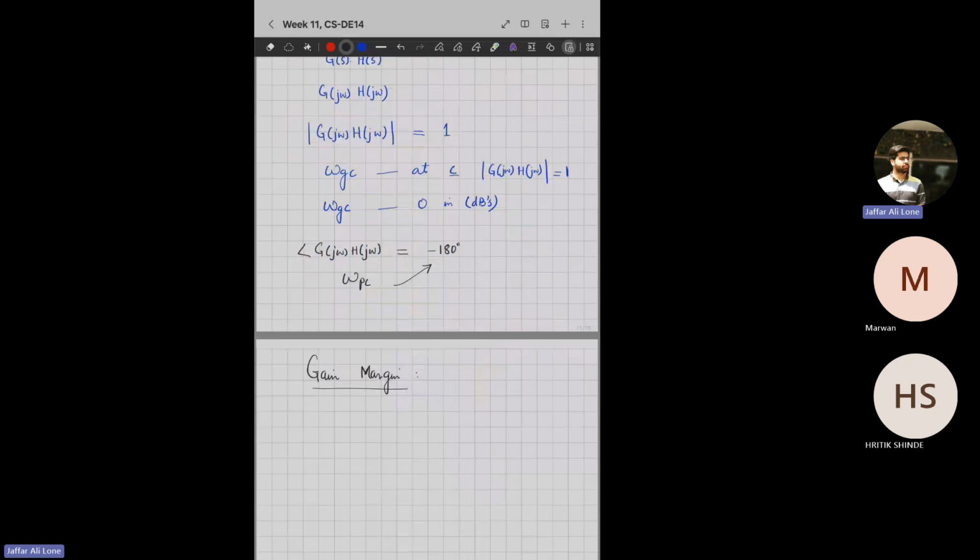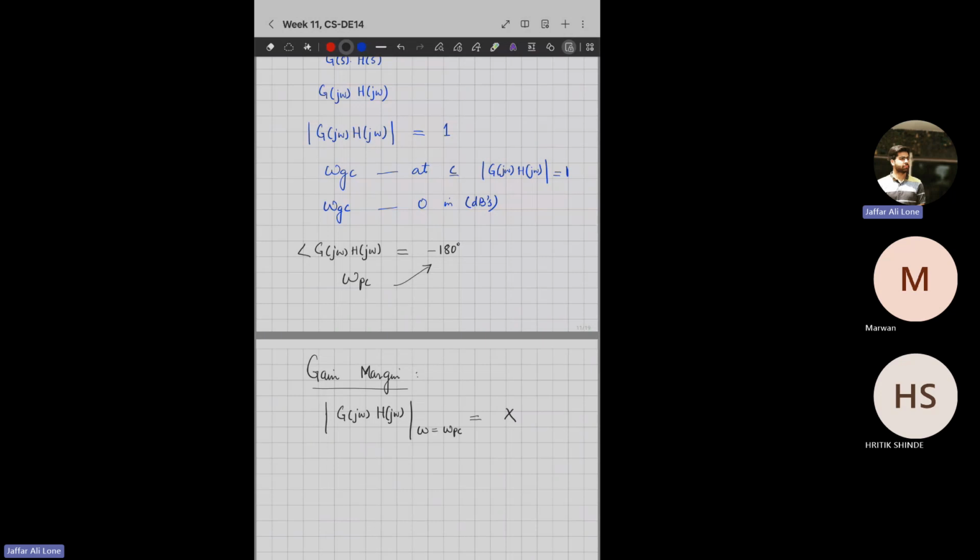Now see, let's assume the magnitude of my transfer function at omega equal to omega pc, which is the phase crossover frequency, is x.